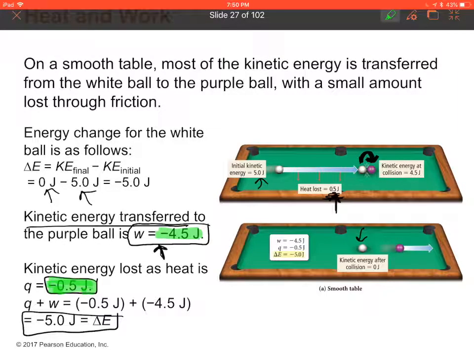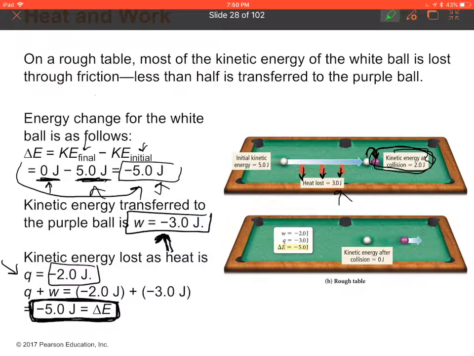On our smooth table, our work was a lot more than our heat lost. It was able to do a lot more work to the purple ball because not a lot of energy was lost because of friction. Well, on this table, a lot more energy was lost because of friction, despite how much work was done.